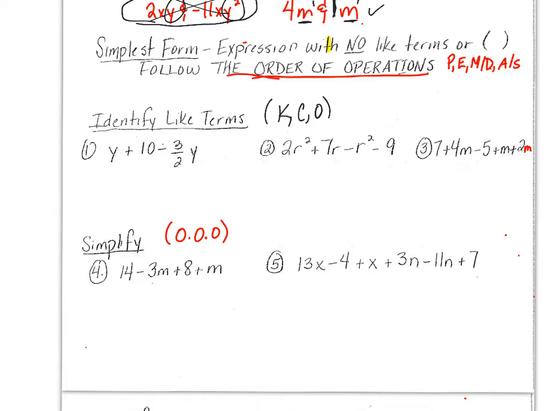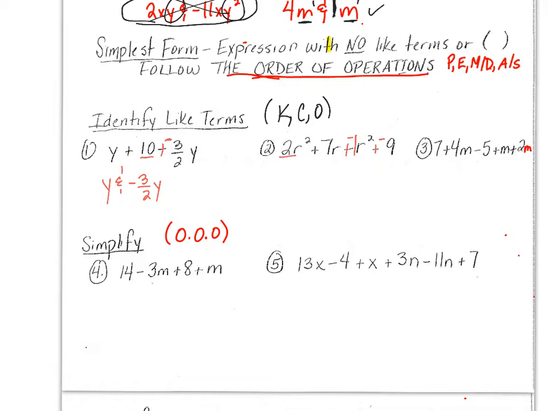It says identify the like terms, so I keep, change, opposite. 10 is a constant. Do you see any other constants in there? No. So y and negative 3y are like terms, or 3/2 y are like terms. Number 2, keep, change, opposite again: plus, there's a 1 in front, so I'm going to make that negative 1 plus negative 9.